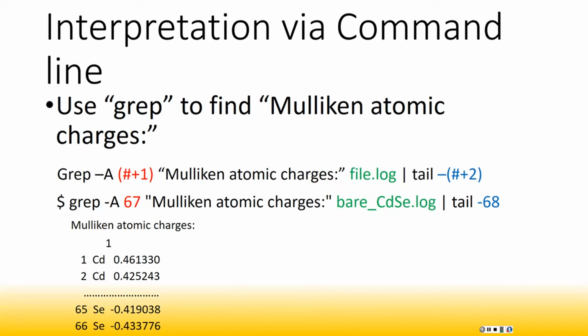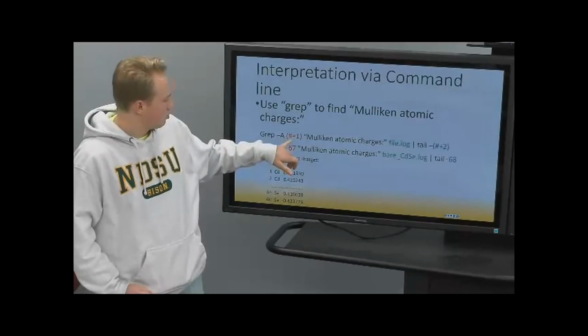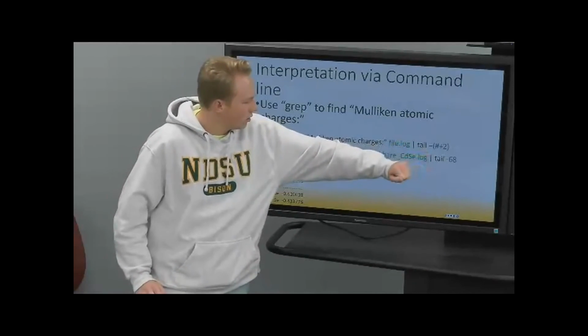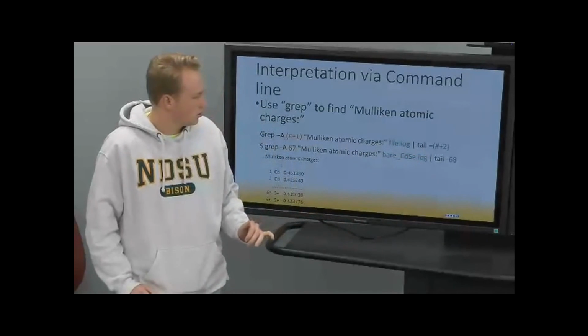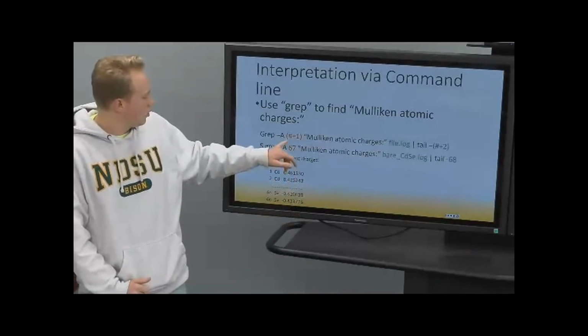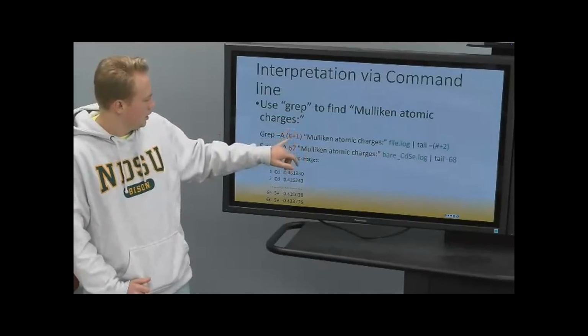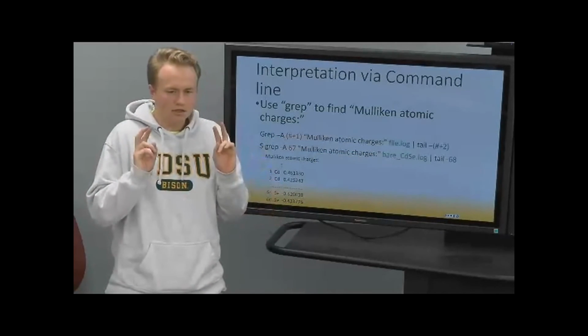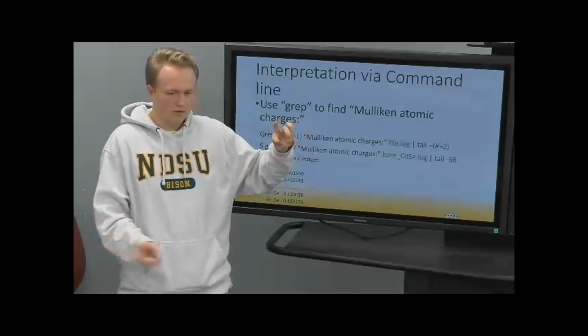If you want to do it in an algorithm and automatically pull out and do things to it, you can do grep -A number plus 1 Mulliken charges, your file, tail number plus 2. The reason you have these numbers is that if it's an optimization, it does it twice, so the initial and final.